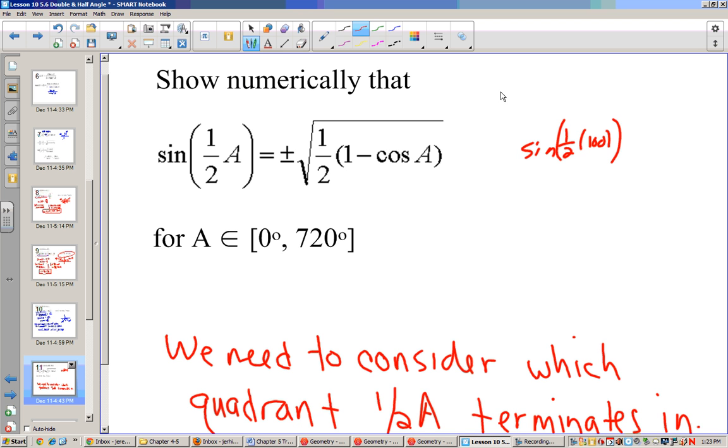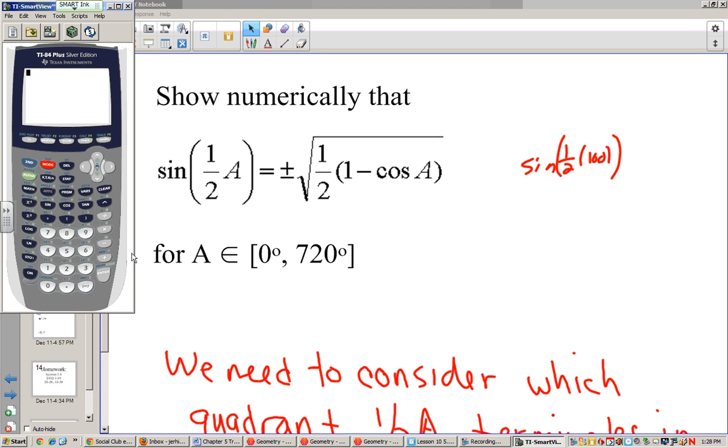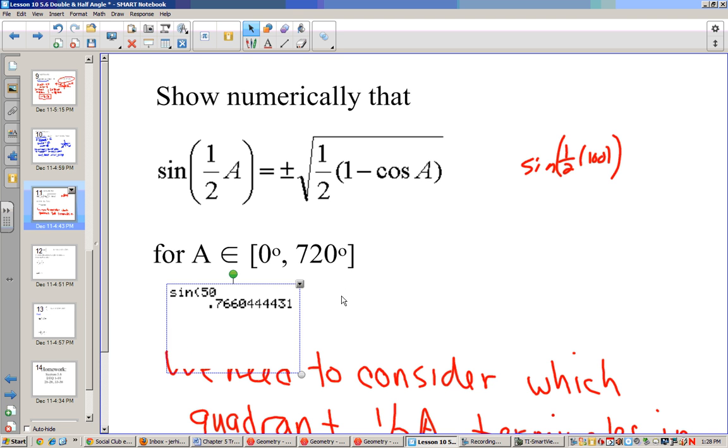I'll take out my calculator here in a second. All right, I brought up my calculator. And if I want to take the sine of half of 100, which is 50, I'll hit enter. And we know the sine of 50 is 0.766.